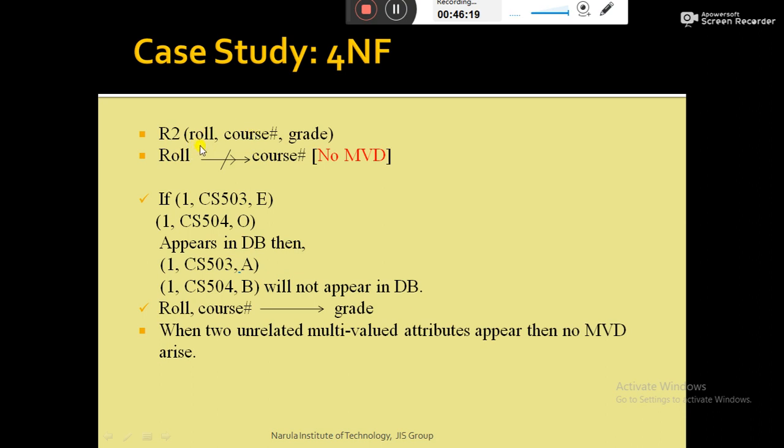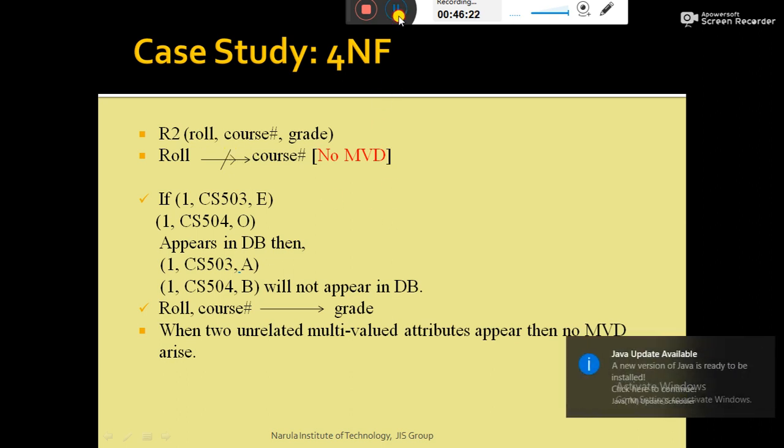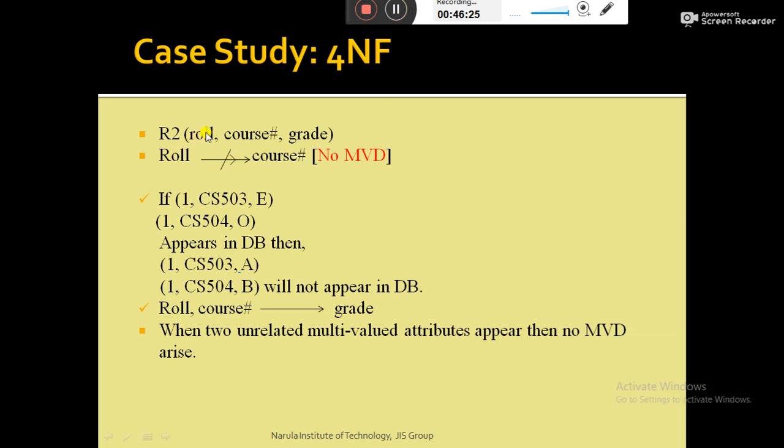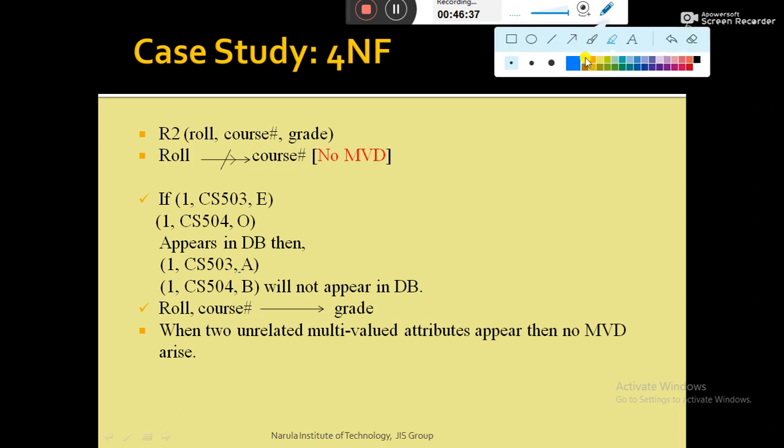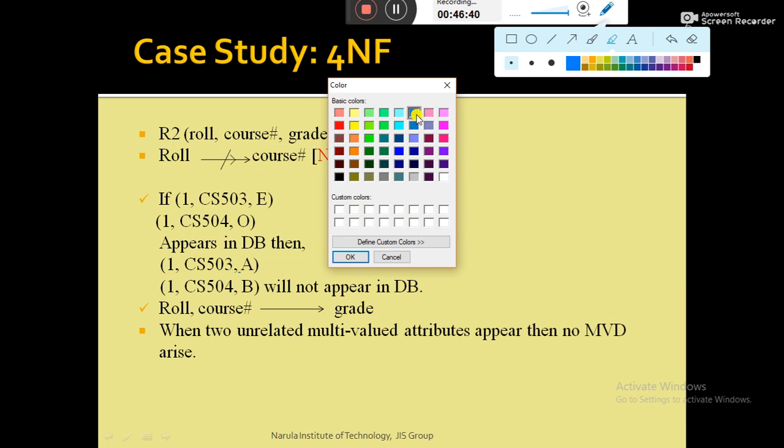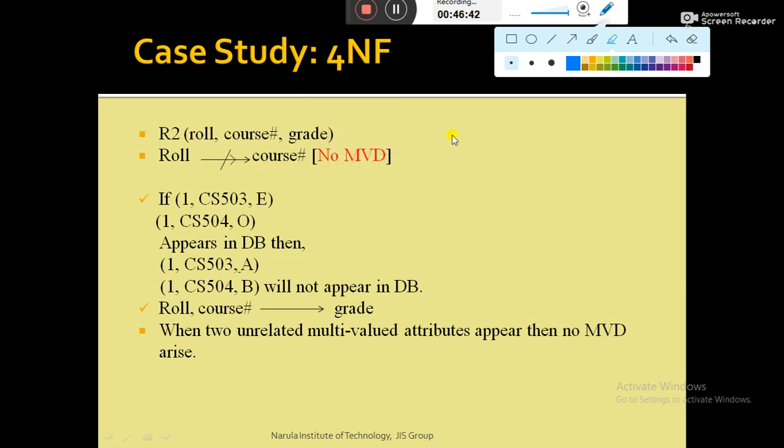That means for a particular roll we have multiple values of course, but we can't write roll double arrow course. We can't write that here.